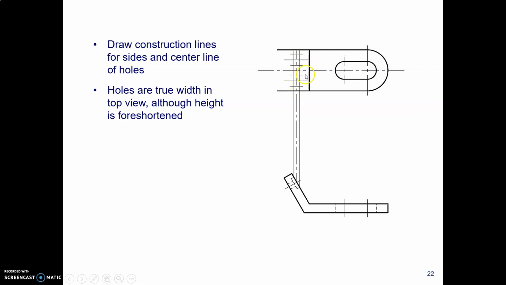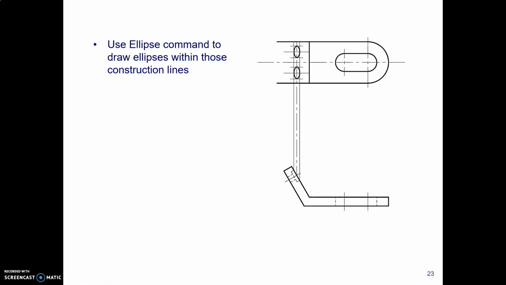They'll be foreshortened side to side, so they'll be not true thickness, but they will be front to back true width. So you can put in some construction lines for the ends of the ellipses and for the center line of the ellipses. And now in CAD, use the ellipse command to snap to points on those construction line boxes you've made. Now you've got some ellipses.